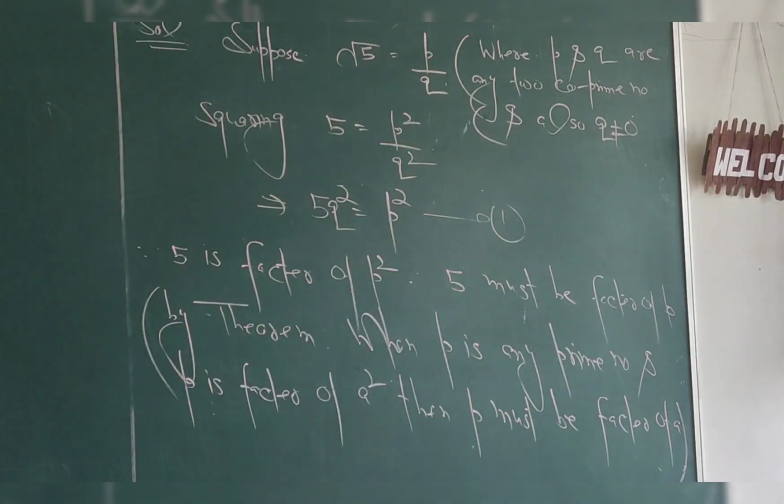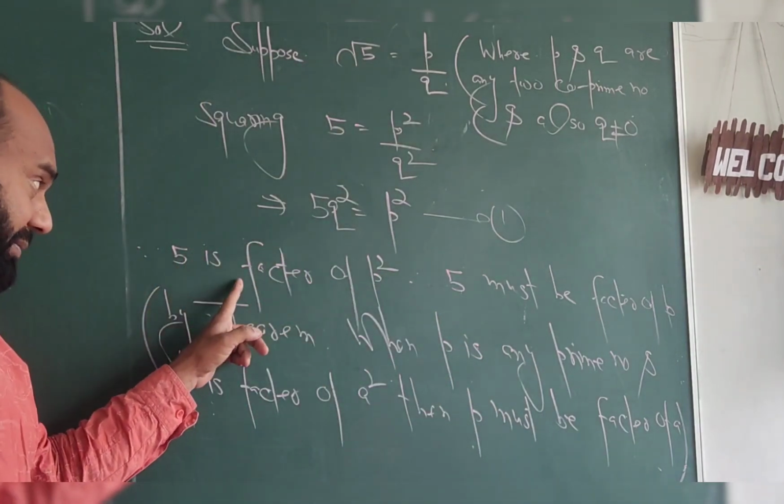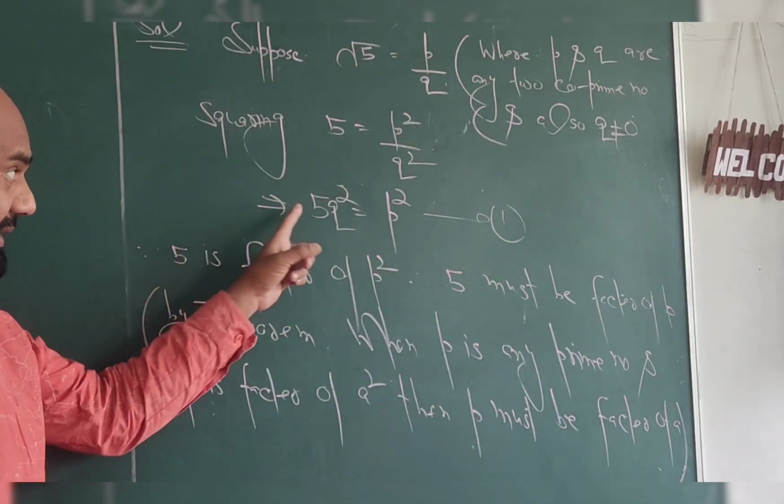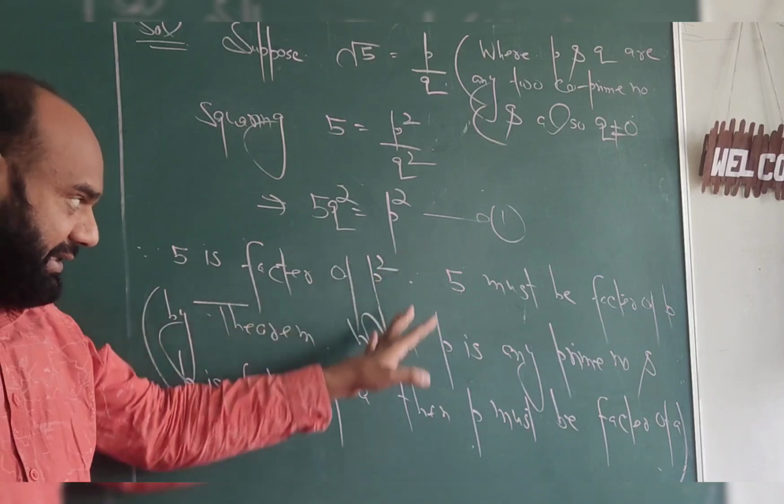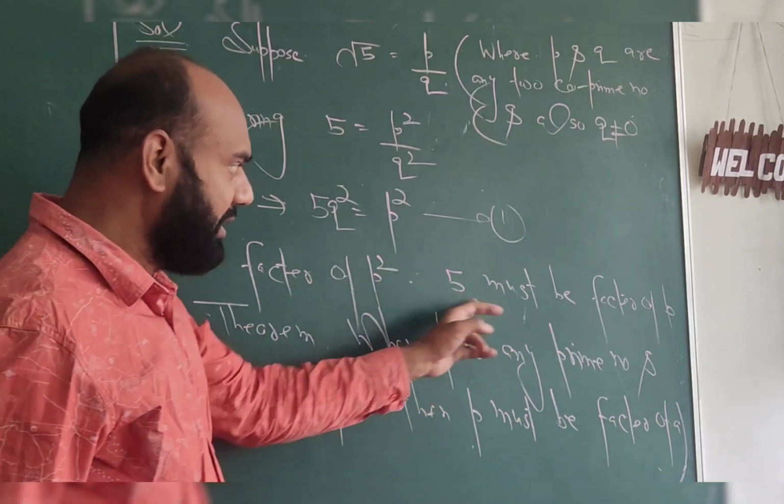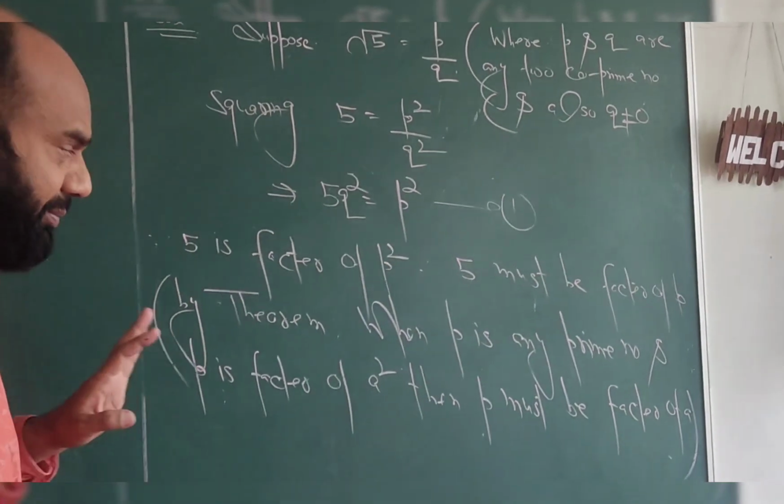So here we see 5 is a prime number, and because 5 is a factor of p square, therefore according to this theorem 5 must be a factor of p.